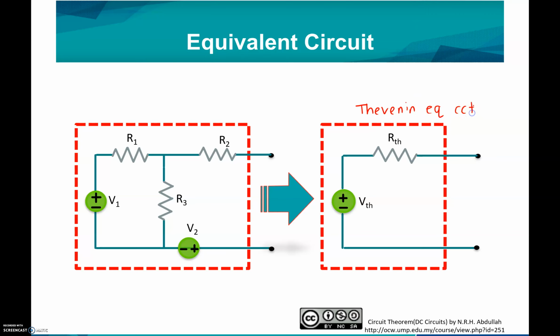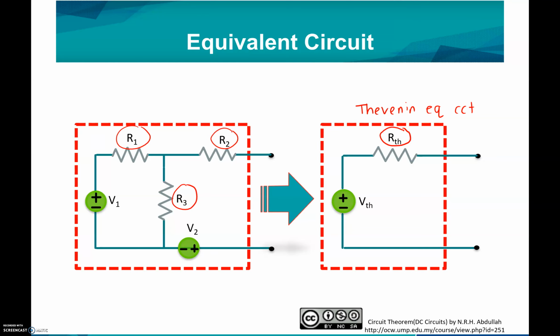So it means that you have to convert R1, R2, R3 by using some simplified circuit and some process, so that it only has one resistor, which we call R Thevenin.